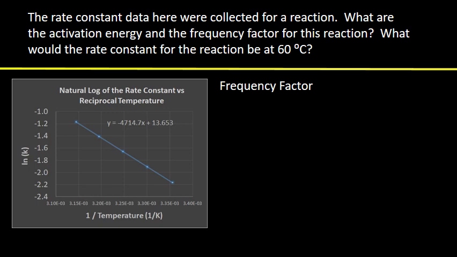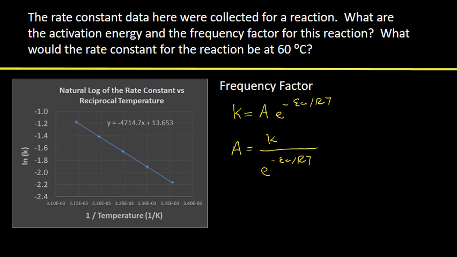Okay, so next we want to calculate the frequency factor, and we can do that by starting with our Arrhenius equation. So that means you can put some numbers in first and then do the algebra, or you can do the algebra first. Either way.